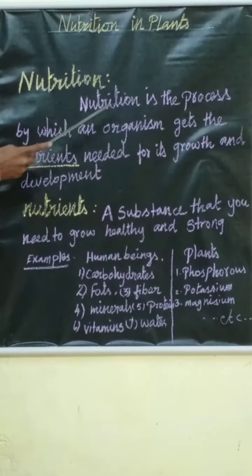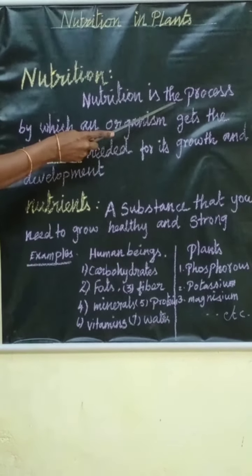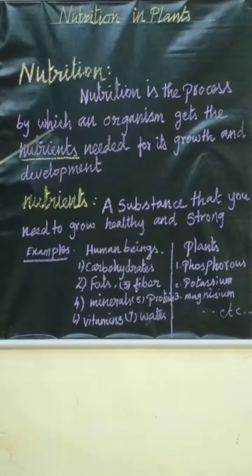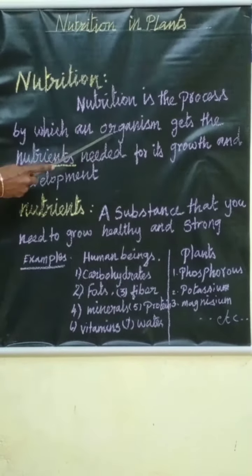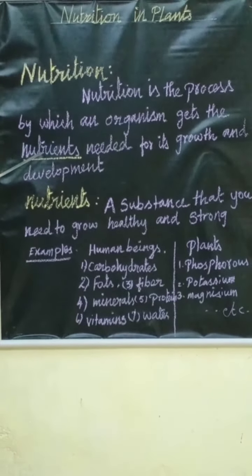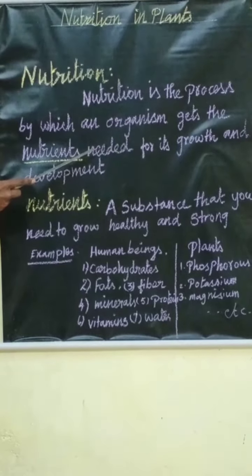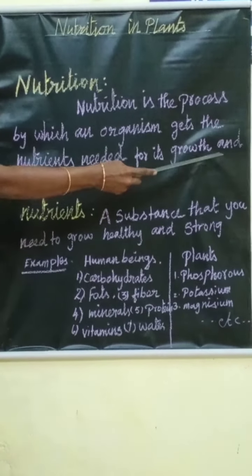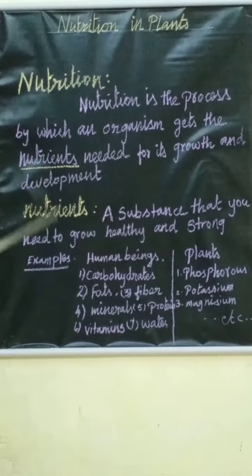Nutrition is the process by which an organism gets the nutrients needed for its growth and development. I am going to say this definition again. What is nutrition? Write it in your notebook. Nutrition is the process by which an organism gets the nutrients needed for its growth and development.